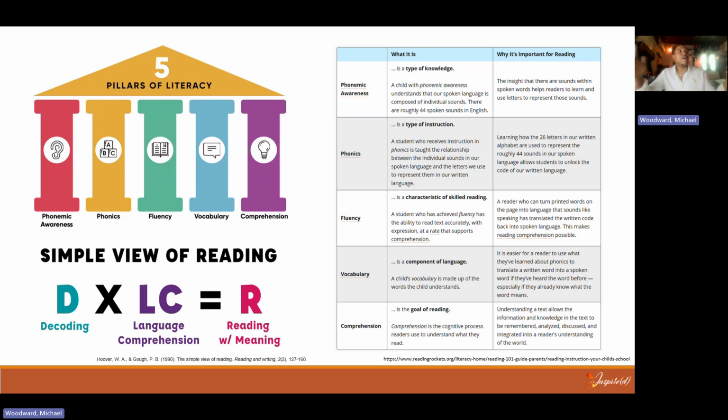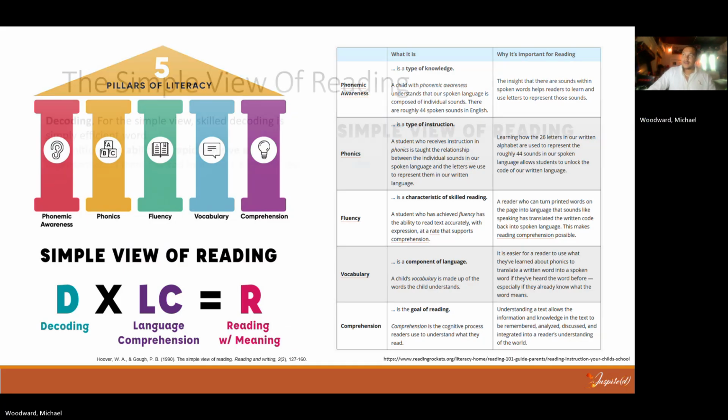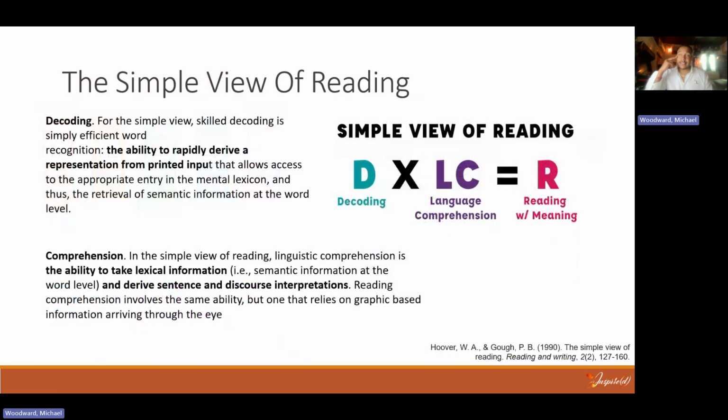It sounds like anyone can do it, but what about our English language learners? What if even being able to understand and acquire the language is a disadvantage to some? I don't want to take us down the what-if scenario, but when we think about this simple view of reading, we learn that decoding is the ability to rapidly derive representation from printed input.